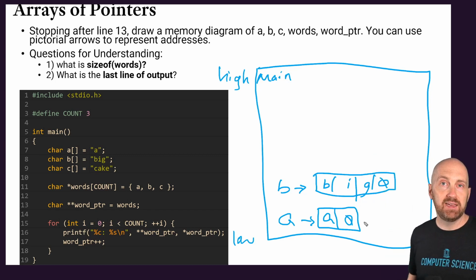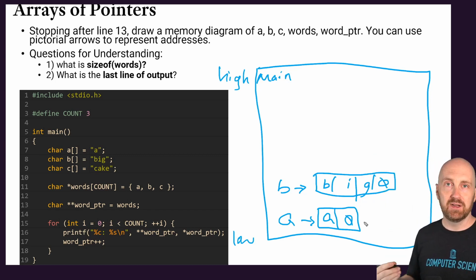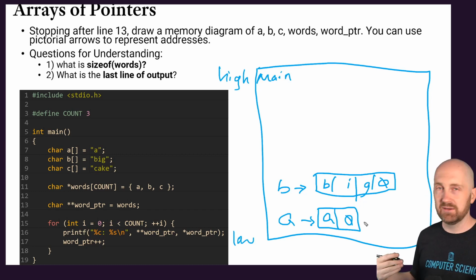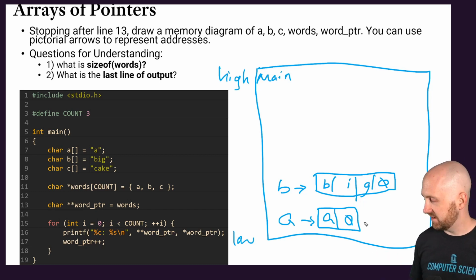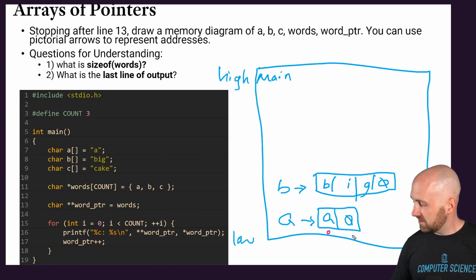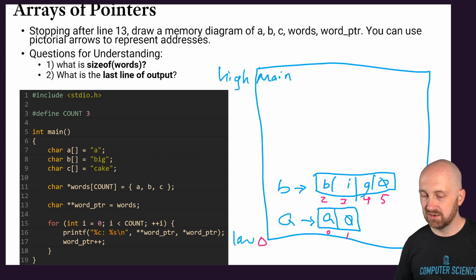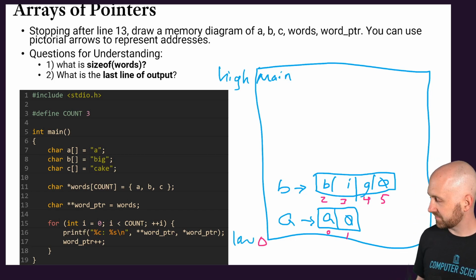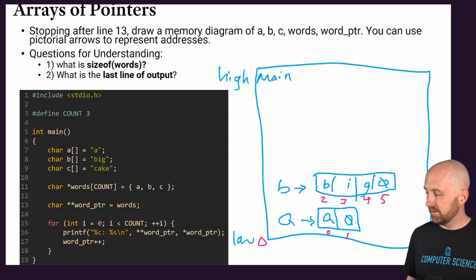I'm drawing them left to right here just to make the diagram a little bit easier to read, because it's pretty hard to read with my bad handwriting. But if I were to just say, okay, this is address 0, this is address 1, this is address 2, 3, 4, 5, and maybe we say that the low end of this address space starts at 0 for this particular frame.